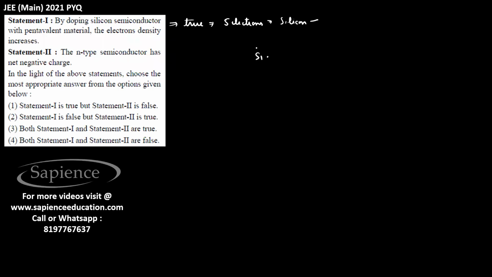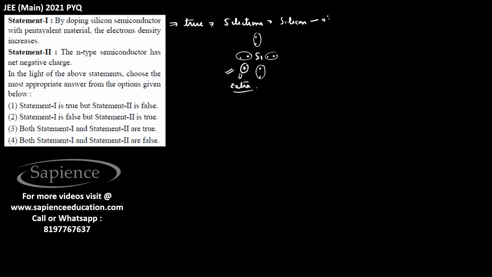So let's take silicon. There will be 4 electrons and 4 electrons further are required to complete the covalent structure, and you are giving a pentavalent impurity. So 4 will be used and the fifth will be extra, and that will behave like an extra free electron. So electron density will indirectly increase. So the first statement is correct.